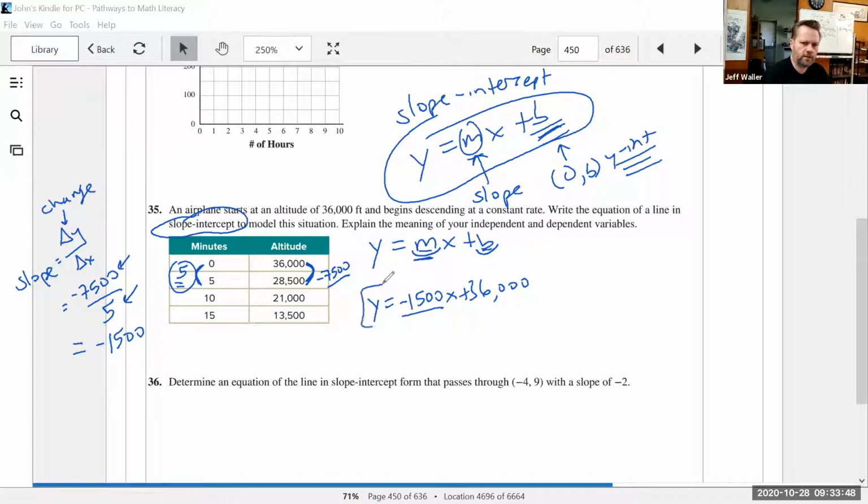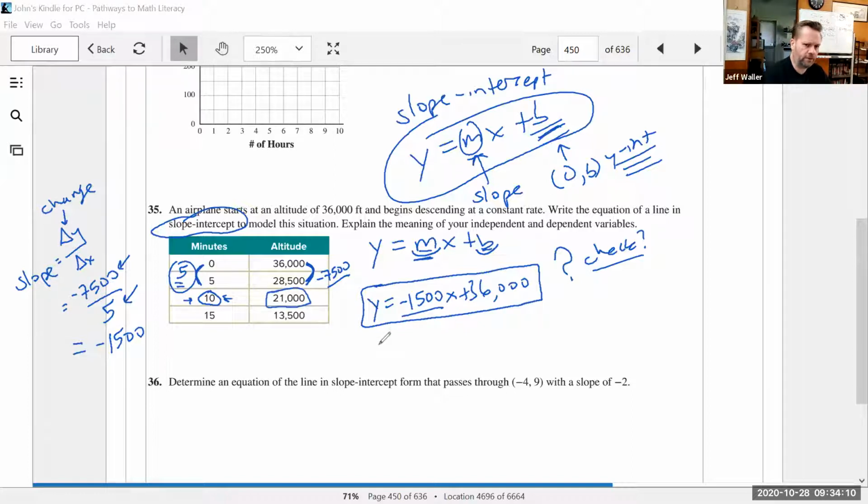How do I check this? What am I supposed to get when I put a 10 into the equation? What am I supposed to get if it's the right equation? 21,000. Yeah, I'm supposed to get 21,000.